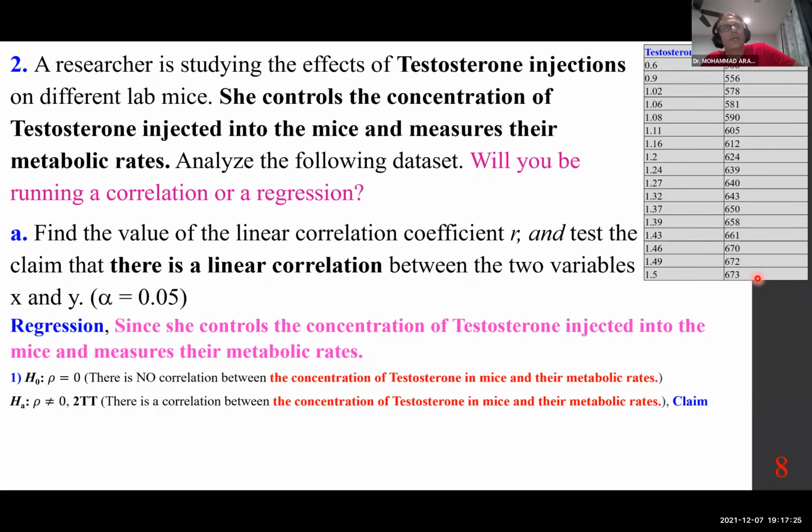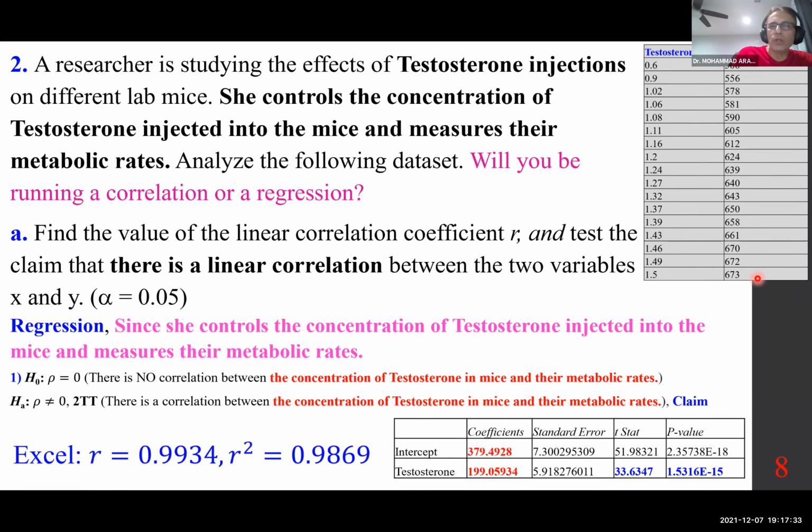We run technology however we like it, whatever is available to us. This is obviously not done by hand. And when we go through it, I am giving you some information from Excel. Here's the value of R squared, and there is more information here. And I'm going to tell you exactly what they mean in case you run something like that.